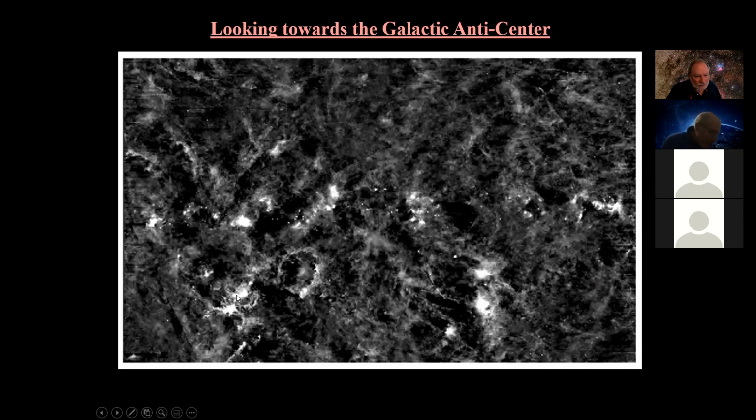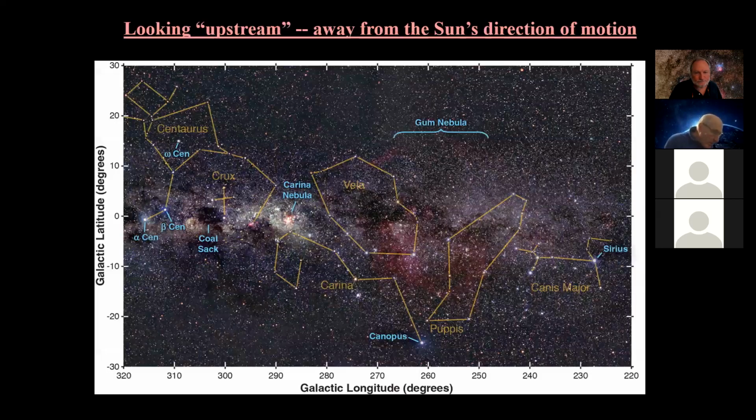And then here, near the belt of Orion, the Horsehead Nebula region, and then the Orion Nebula region. So again, all sorts of frothy residuals, which we don't really know what's going on.